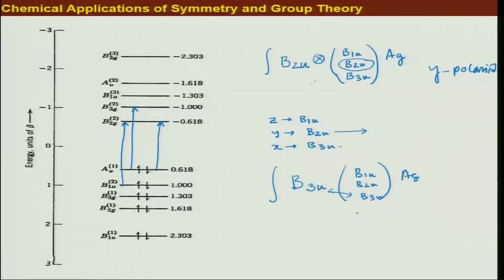So therefore this transition is overall allowed, and specifically this transition is X polarized, right? So if I have to mark here, this transition is y polarized, while these two are X polarized, both of them. So this as well as this, both of them are X polarized.